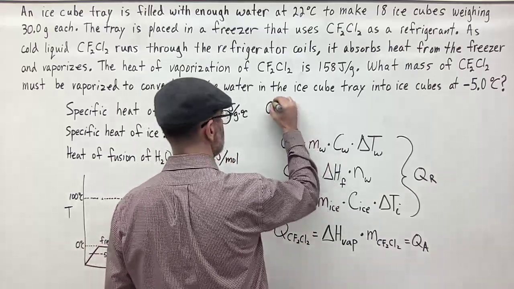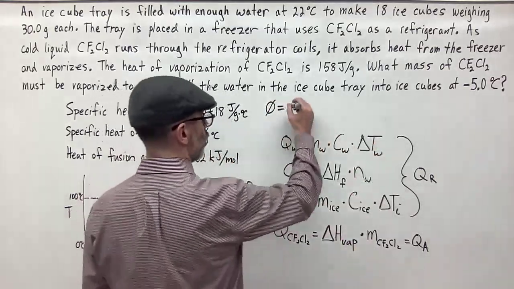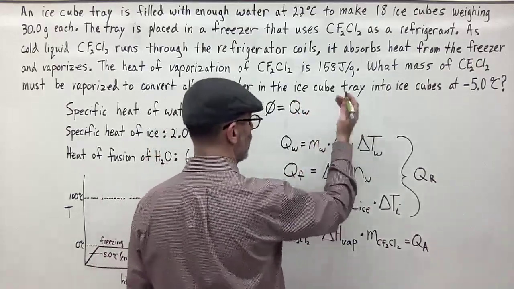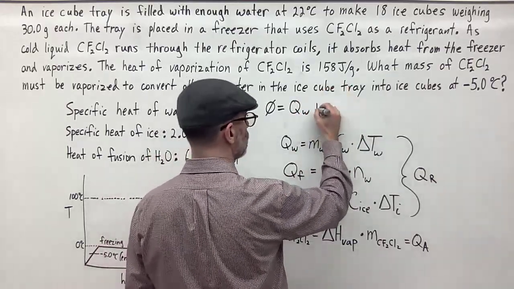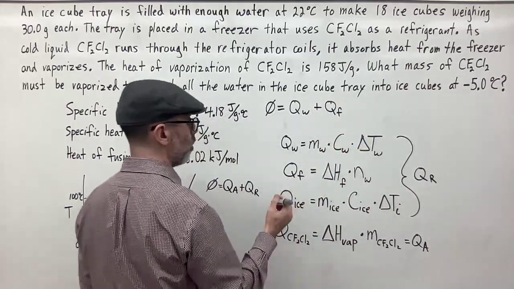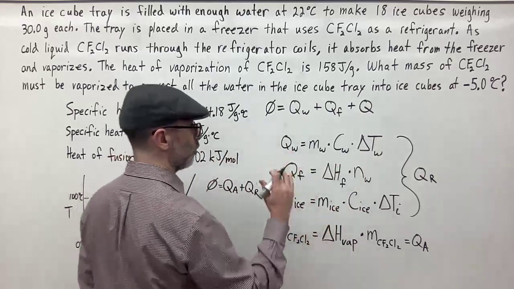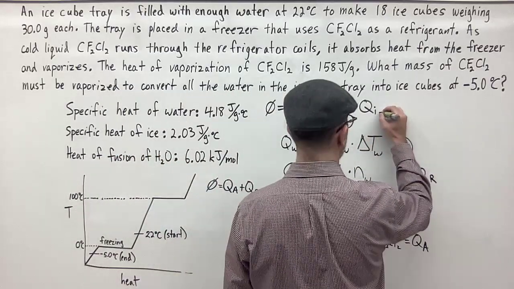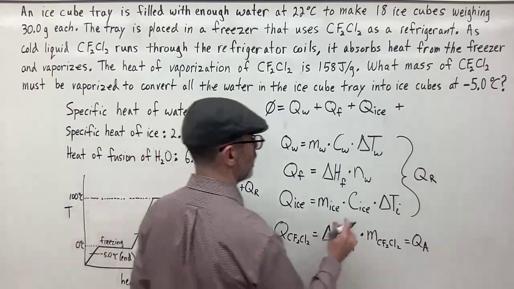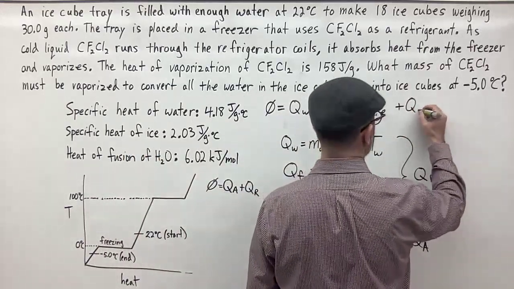So this means that 0 is going to be equal to all of this. So Q of the water when we cool it down plus Q of freezing when we freeze the water plus the Q of the ice when we lower the temperature of the ice plus the Q of the CF2Cl2 when it absorbs that energy.